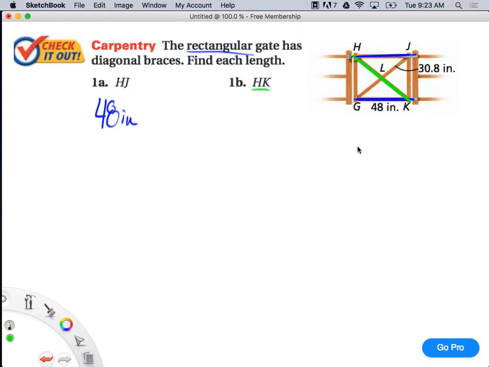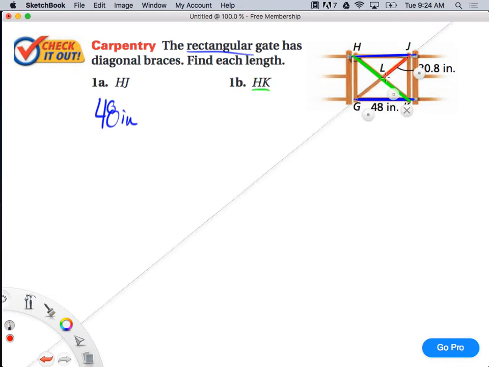Reese correctly noticed that this 30.8 wasn't the whole diagonal, it was just half. That's very good, because that wasn't necessarily clear. This 30.8 inches is only this little half of the diagonal, just from here to here.